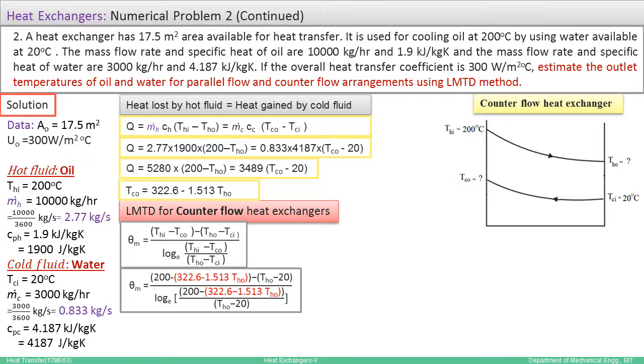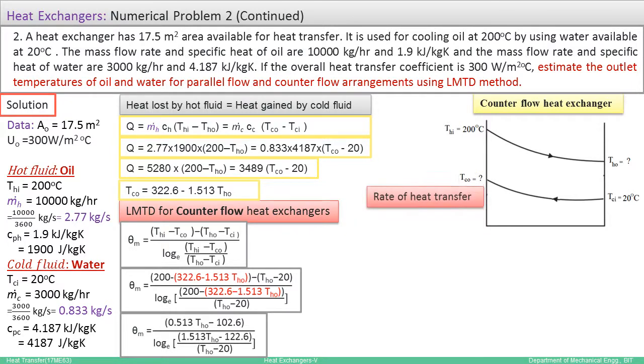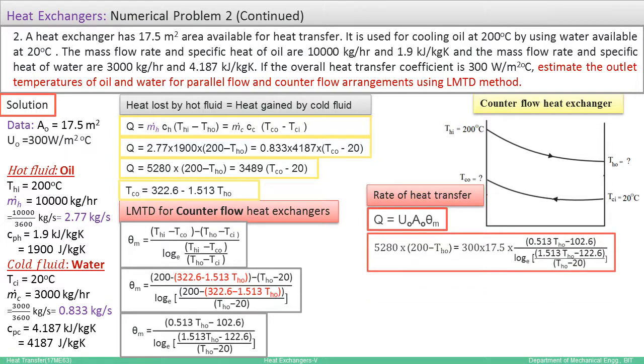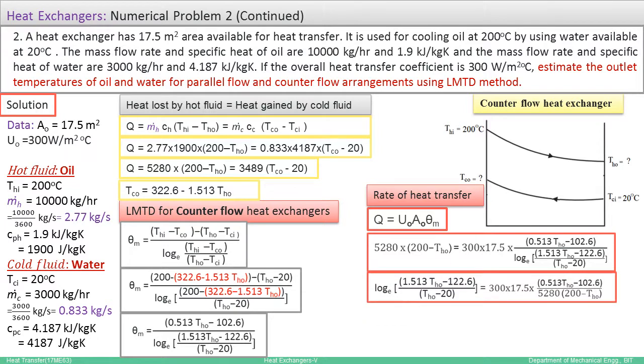Now it is more explicit, no longer implicit: the equation for theta m in terms of THO. Finally we simplify theta m to the extent possible in terms of THO, and substitute that in the equation for Q, the same way we did for parallel flow. Again we simplify to the extent possible, then take the logarithmic term onto the left hand side and go for the trial and error method.